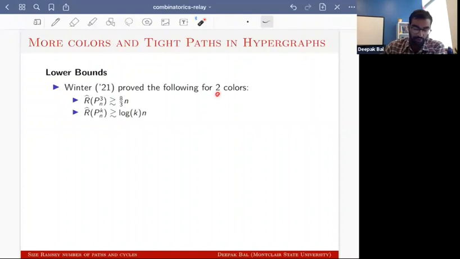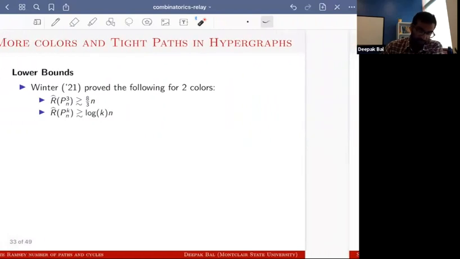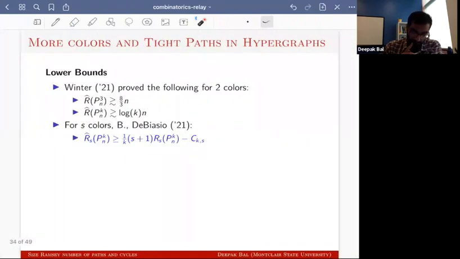And in general, for 2 colors and k-uniform tight paths, he proves a bound of essentially log base 2 of k times n. So the dependence on k here is like log in this lower bound. Okay, so what did we do? We started looking at this for more colors, and we have a few results here.